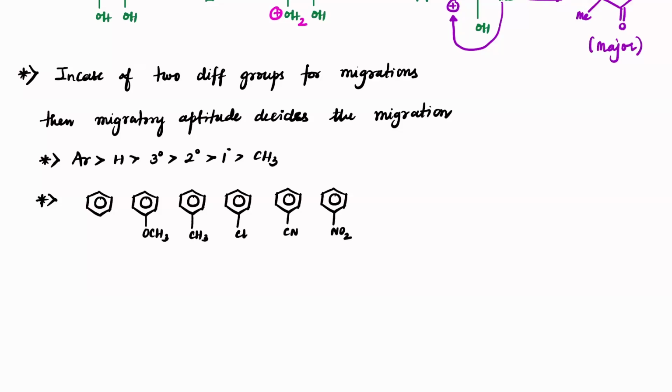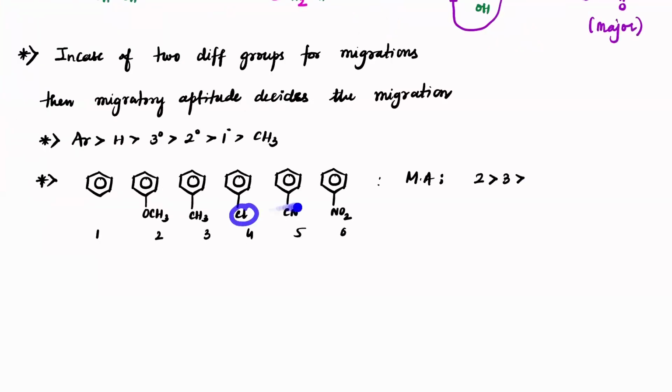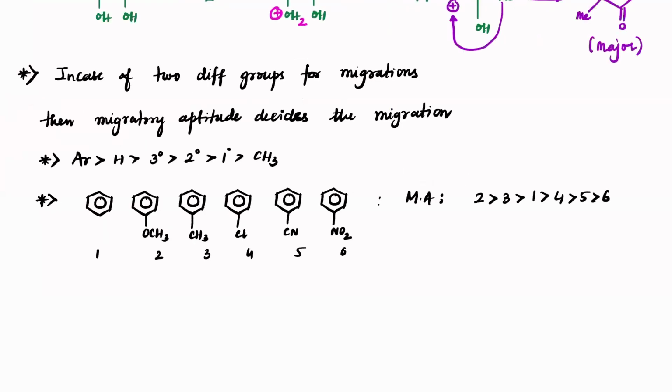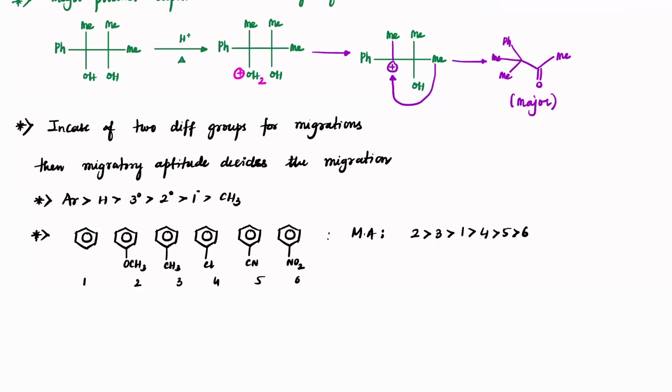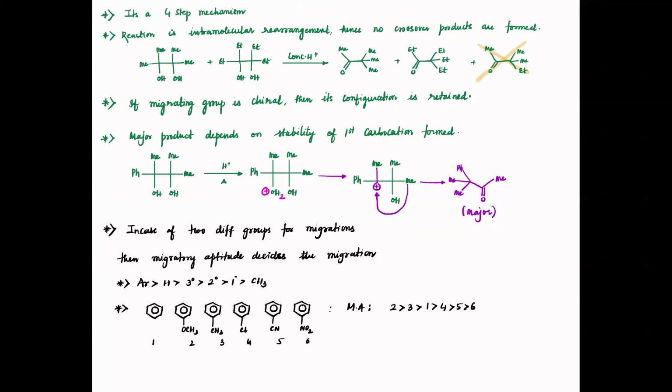If I label these 1, 2, 3, 4, 5, 6, then migrating aptitude will be most for the donating groups, 2, then 3. Between chlorine, cyanide, NO2, and benzene, only benzene is better because chlorine and the others are all withdrawing groups. So 4, 5, 6. This will be the migrating aptitude. These are very important pointers of pinacol cases.